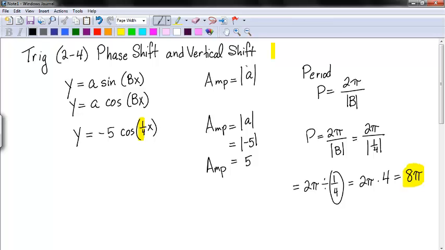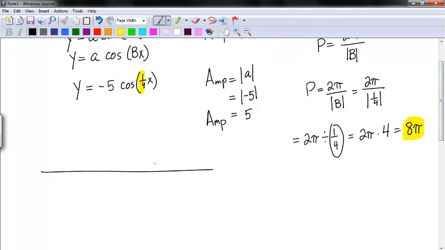When does it repeat? If they give you the picture, like on the sine graph, when we did the sine graph, it starts at the origin, at pi over 2 it's up at 1, at pi it's down to 0, at 3 pi over 2 it's down to negative 1, and at 2 pi it's back up to 0.